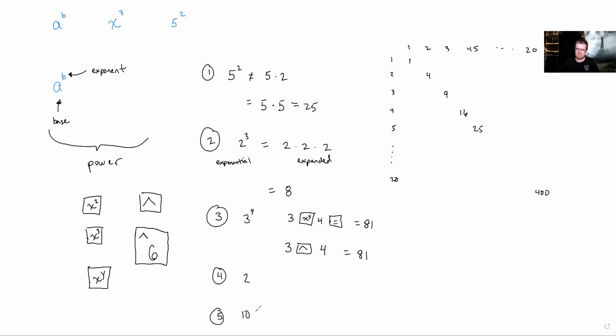So even if I did, let's say, 10 to the 7th power, I take 10 and I move the decimal to the right, which means I'm adding in 1, 2, 3, 4, 5, 6, 7 zeros, right? So I don't need to do the expanded form for that. And I always like to go from the end and work my way back, put in the commas so it's a little bit more readable. So anything higher than a 4, typically it's going to be 10 or 2 to some power.